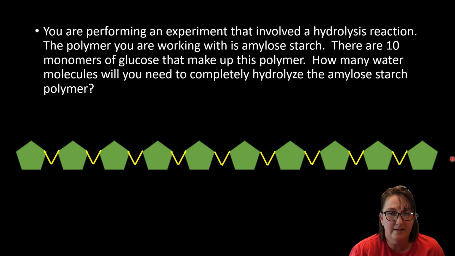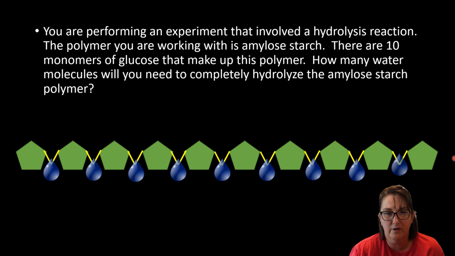I have 10 pieces and I have 9 bonds. So for me to break each bond, I need 9 water molecules. So I bring in my 9 water molecules. They're going to go in, they are going to hydrolyze those bonds. And now my polysaccharide has been broken down into individual monosaccharides.